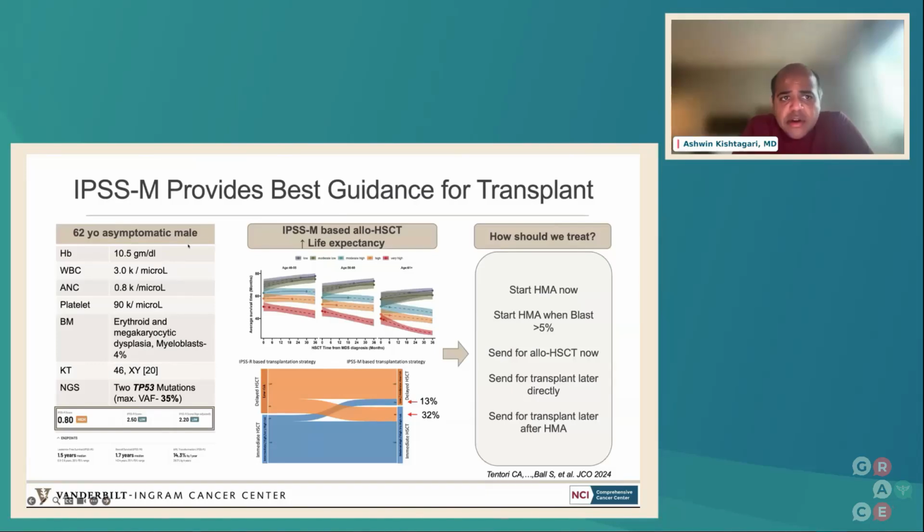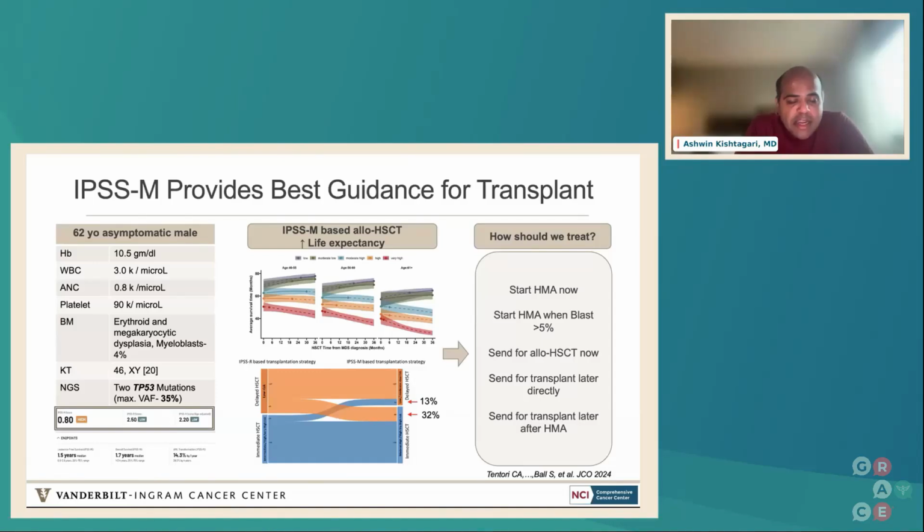As you can see in the slide here, it can guide you in terms of deciding whether the patient needs to be referred for a bone marrow transplant or not, because only with high risk MDS we recommend bone marrow transplant if they are eligible, in the sense that if they're less than 80.